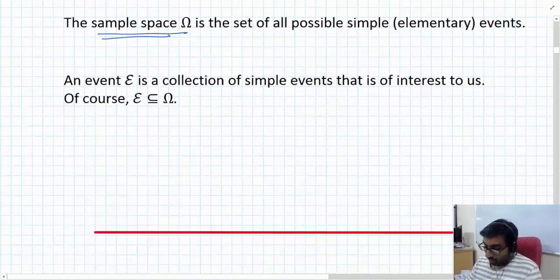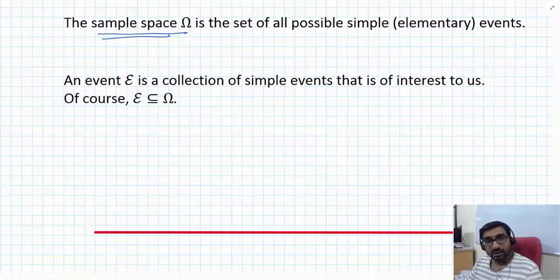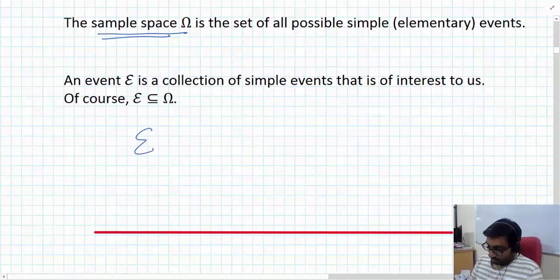Now, sometimes we may not be interested in these simple events, the elements of the sample space. Sometimes we're interested in other events that are basically subsets of the sample space. So let's give ourselves an example. Suppose we consider the event E, the event that the outcome is a prime number.